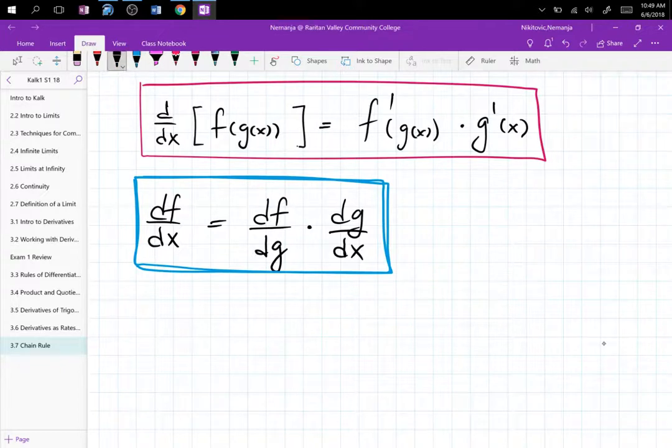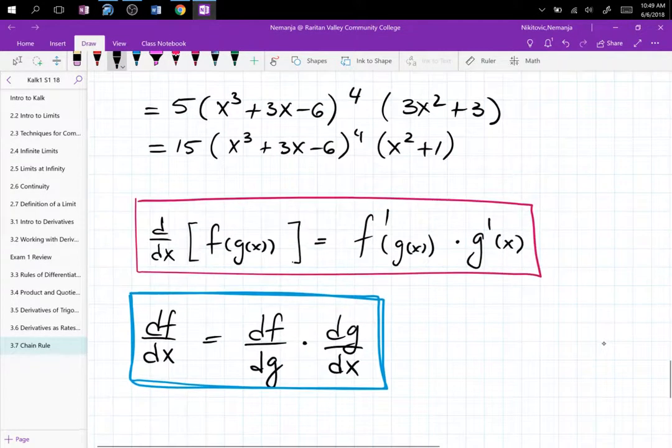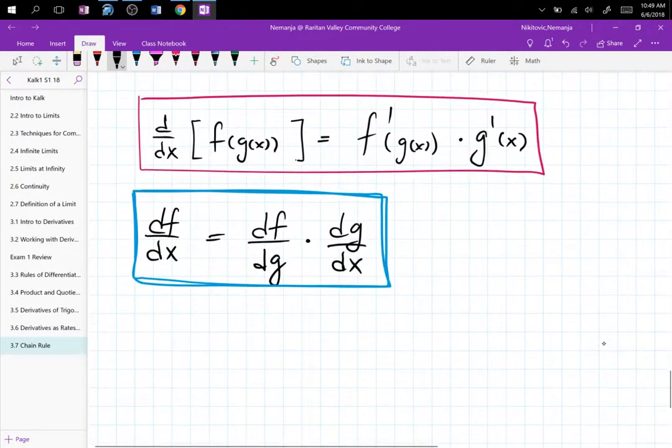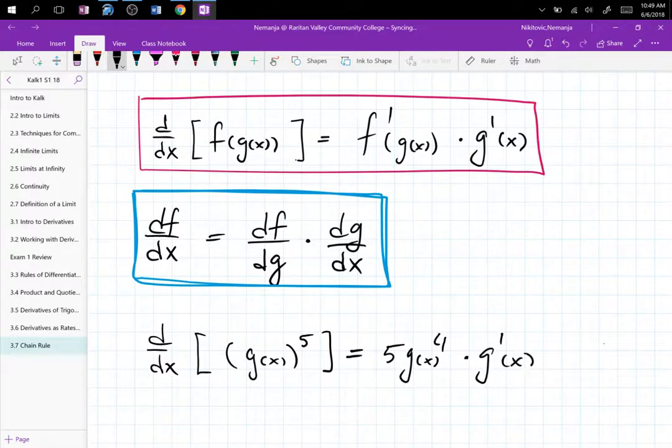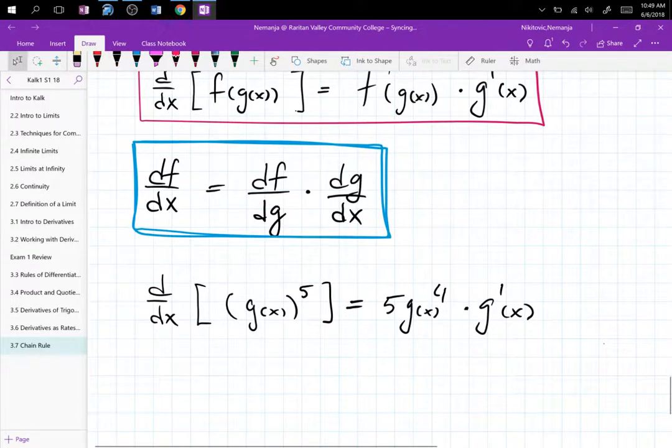So if I go back to my previous example and write it as the derivative with respect to x of some g of x raised to the 5th power, you can still do it, because you will still say, oh, it's 5 g of x to the 4th times the derivative of g of x, which you can also see in the blue boxed equation.